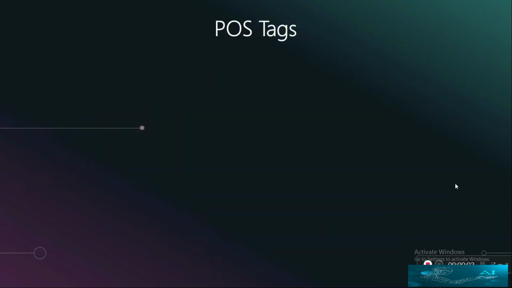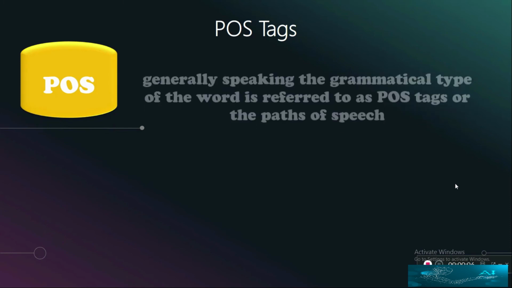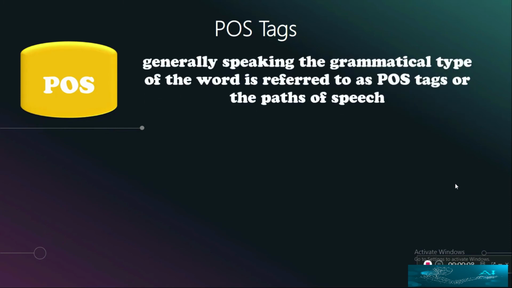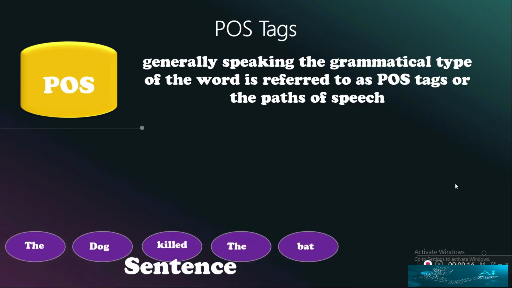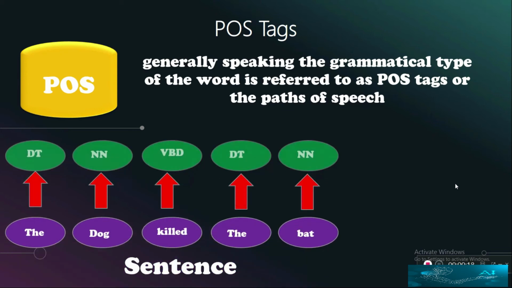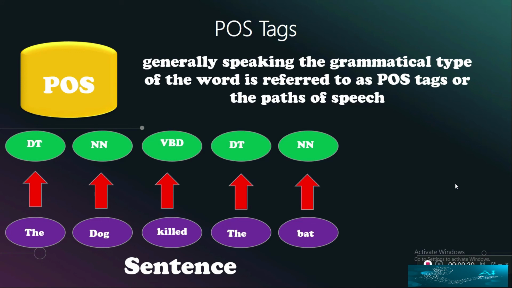Now, once we have the tokens and have divided the tokens into the root form, next come the POS tags. Generally speaking, the grammatical type of a word is referred to as a POS tag, or parts of speech, be it verb, noun, adjective, adverb, and many more. It indicates how a word functions in meaning as well as grammatically within the sentence.